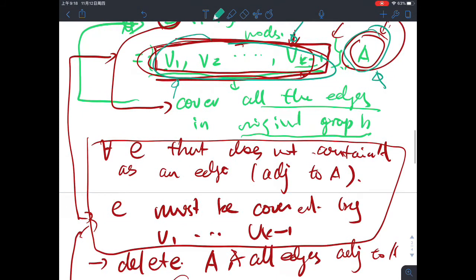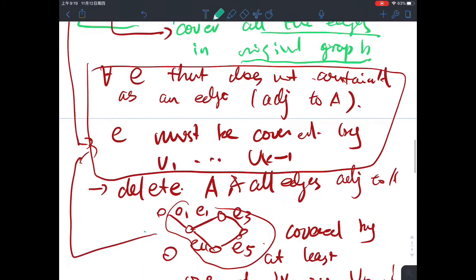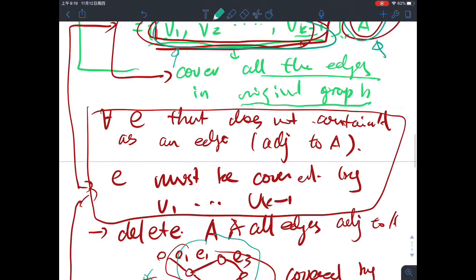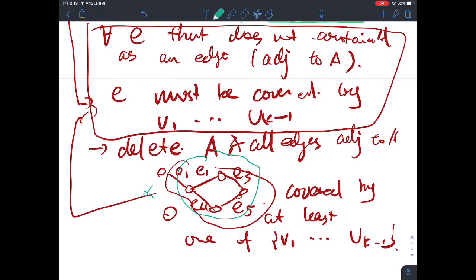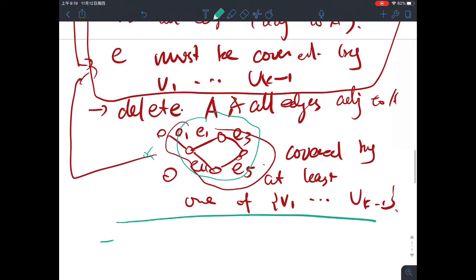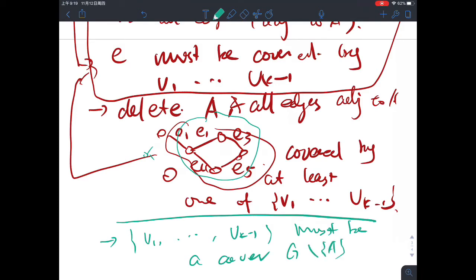up to VK, right? So if we push this observation a bit further, that means that if we remove all the edges that are covered by A, then all the edges should be covered by all the remaining nodes from V1 up to VK, right? So up to now, we can see that V1 up to VK minus 1 must be a cover for the graph with the A node and its adjacent edges being deleted, right?